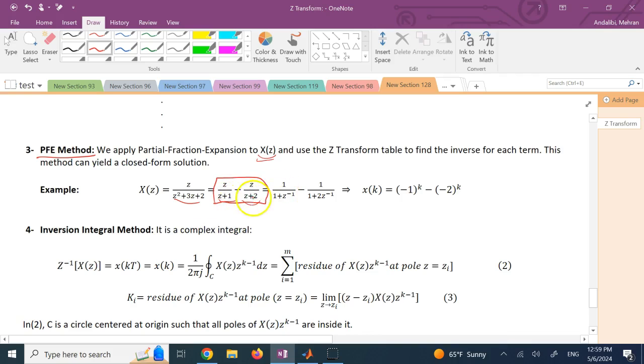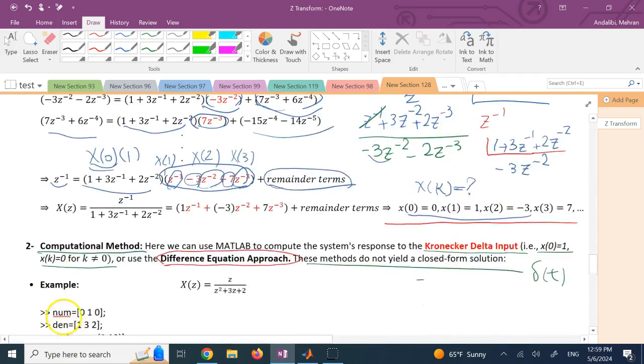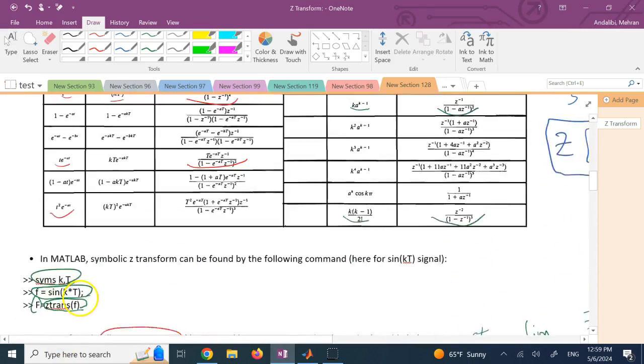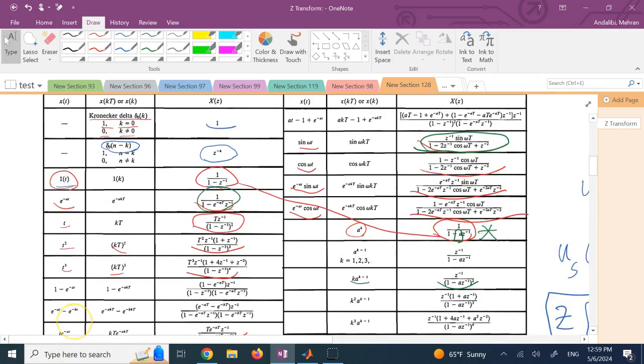And here, we want to write these terms the way that they appear on that table. So we divide everything by the highest order z, and we get this and we get that. And if you look at this one, where did I see this 1 over 1 plus z inverse? If I go back and look at my table now, I probably can find one of these terms to correspond to that.